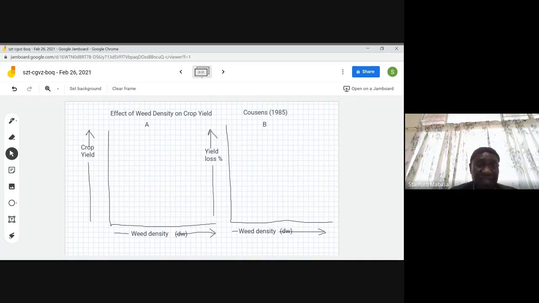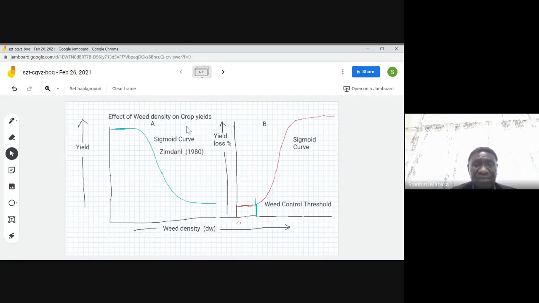Now, according to Cousins, with the Zimdal, the graph is a sigmoid curve. If you are looking at the yield, as you are increasing density, at first, the yield is not decreasing, until you reach a certain point, then it starts decreasing.